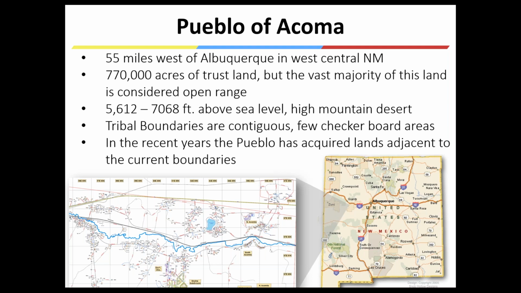We range anywhere between 5,600 to 7,000 feet above sea level, so we're a high mountain desert. We typically have pretty big temperature swings during the days, but we have a lot of good sunlight. As I mentioned, tribal boundaries are contiguous, and we have few checkerboarded areas. And in recent years, we've acquired lands adjacent to the current boundaries and are in the process of converting those into trust. Next slide, please.